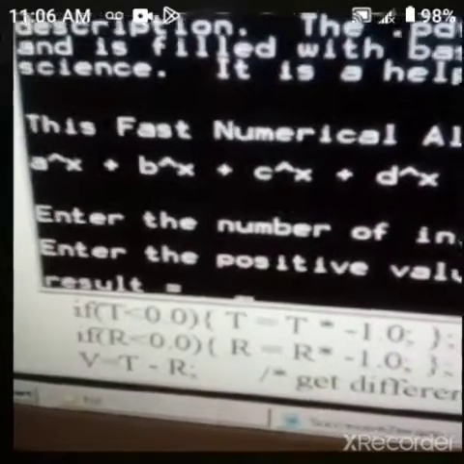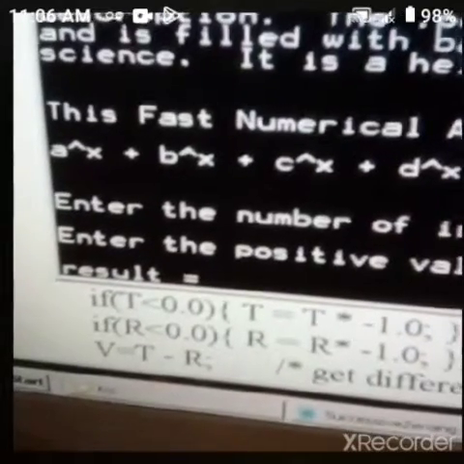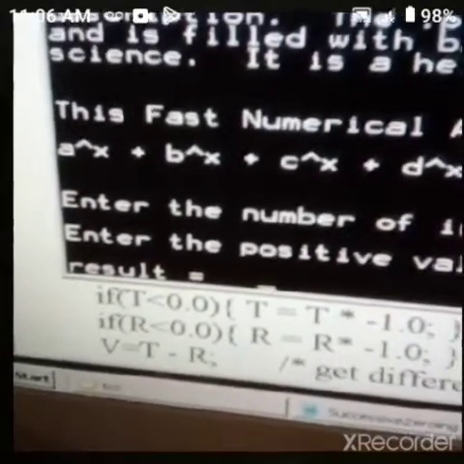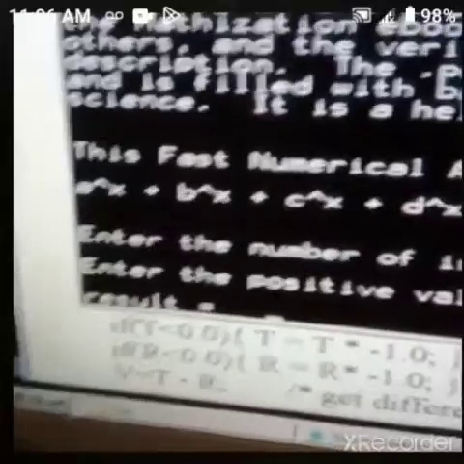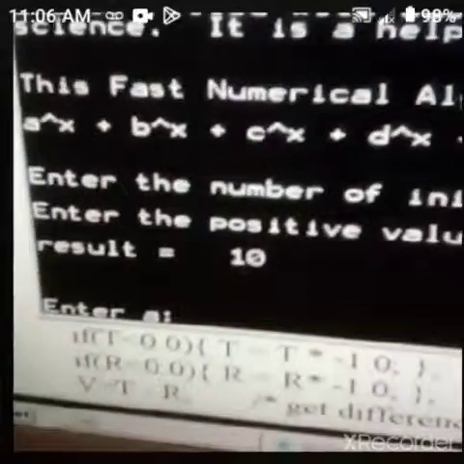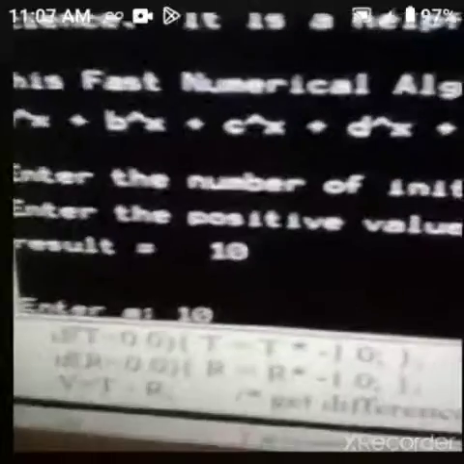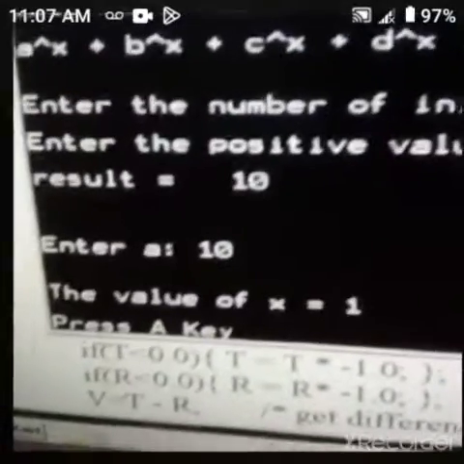Say the result is 10, and say that would be the base 10, and it should be 1, right? The exponent, yeah.